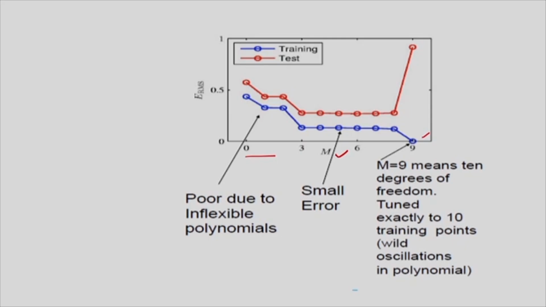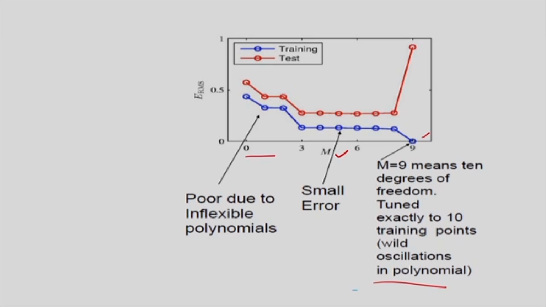So you can see exactly 10 training data points, and this is because of oscillations in the polynomials. Oscillations in the polynomial means sometimes the polynomial value will be very high, again it will be very low, again very high, like this oscillation takes place. So we have to consider a simple model, but a very simple model will also not be good.